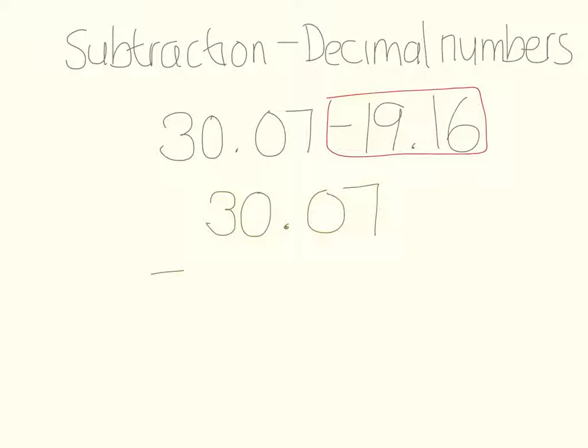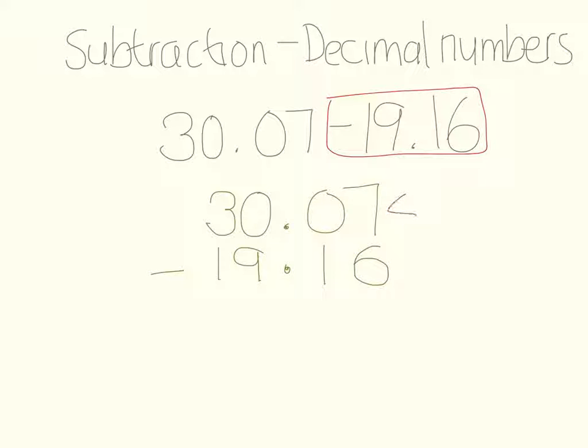So underneath my takeaway sign, I'm going to put 19 because there's 19 units there. Point, and then I've got 1 tenth, and I've got 6 hundredths to go in the hundredths column. All I do is I take one digit at a time, especially because I have the same amount of decimal places, so there's no place value holders to go in there.